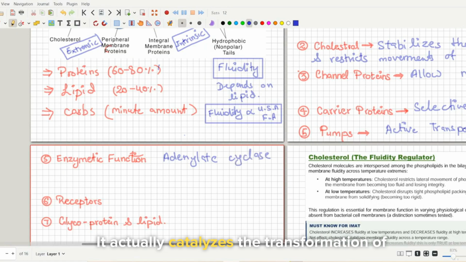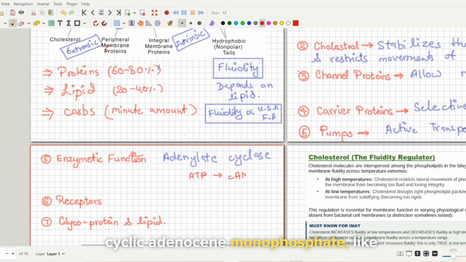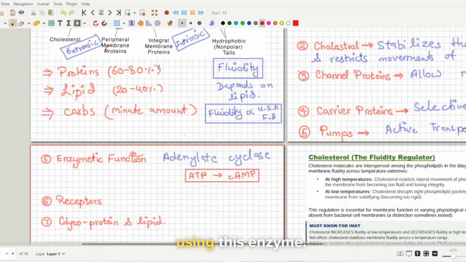It catalyzes the transformation of ATP to cyclic adenosine monophosphate, and it also helps as a secondary messenger.